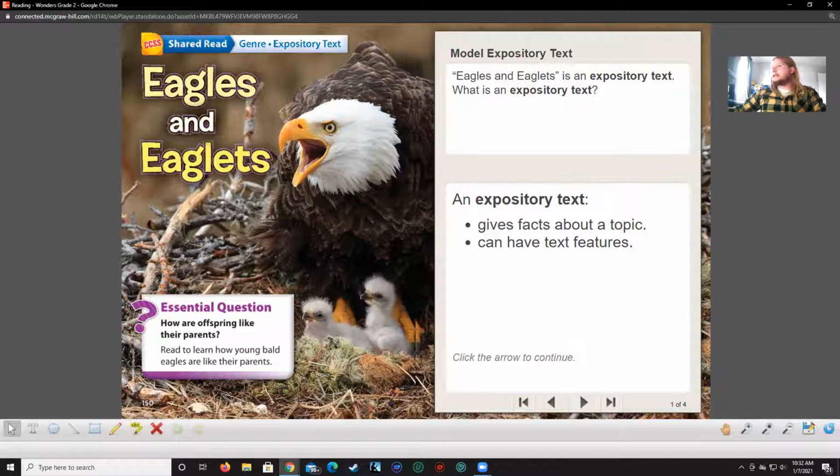Eagles and Eaglets is an expository text. And it can include certain text features, such as photos, captions, headings, and diagrams with labels. However, a text may still be expository even without those features.